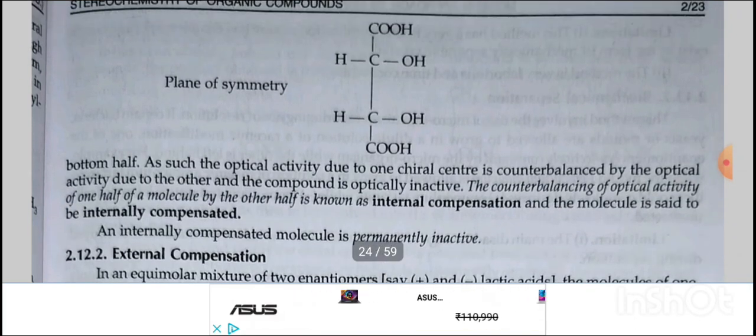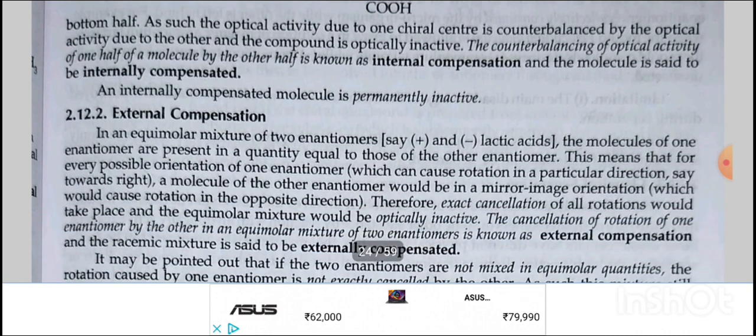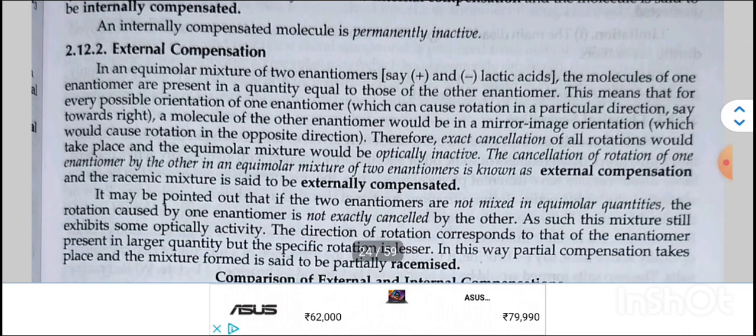As such, the optical activity due to one chiral center is counterbalanced by the optical activity due to the other, and hence the optical inactivity. The counterbalancing of optical activity of one half of a molecule by the other half is known as internal compensation, and the molecule is said to be internally compensated. An internally compensated molecule is permanently inactive.